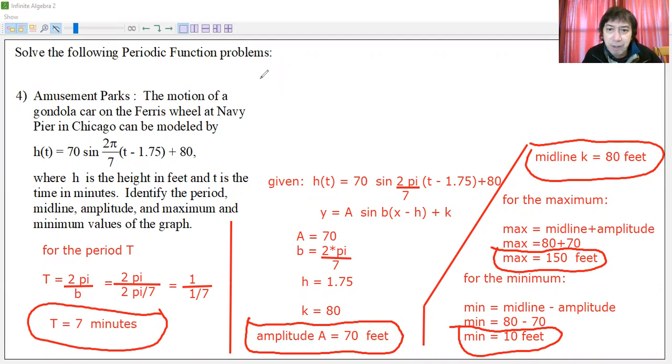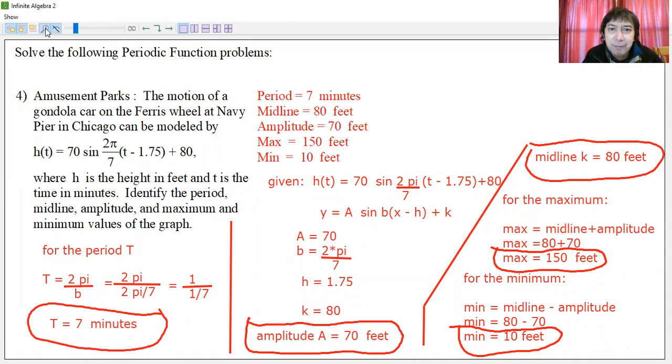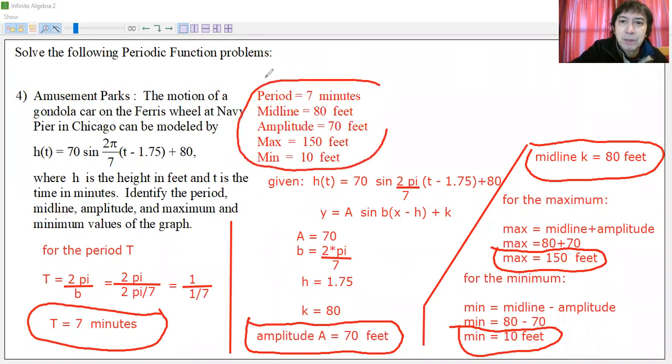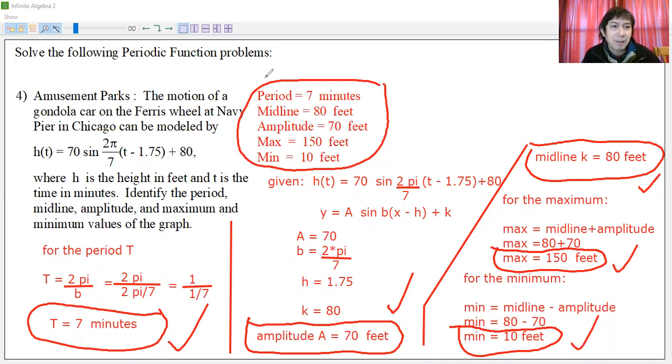Let's verify the requirement. These are the answers from the computer's database. Our answer is 7 minutes for the period. Midline is 80. Amplitude is 70. Our maximum is 150, correct? Minimum 10 feet, correct? Yeah.